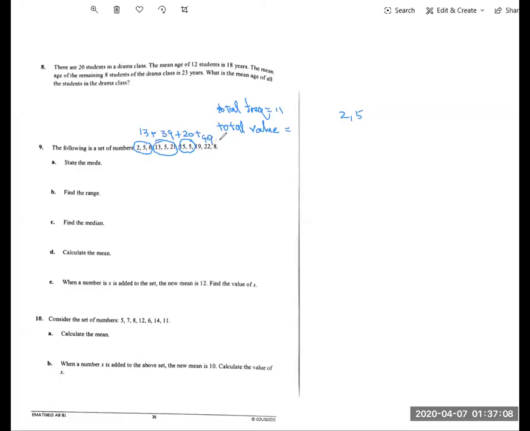Okay? Now, from here we add together 13 and 39. This will give you 52, plus 20 and 49 will give you 69. Okay? 52 and 69. So this will give you 121. So the total value is 121.